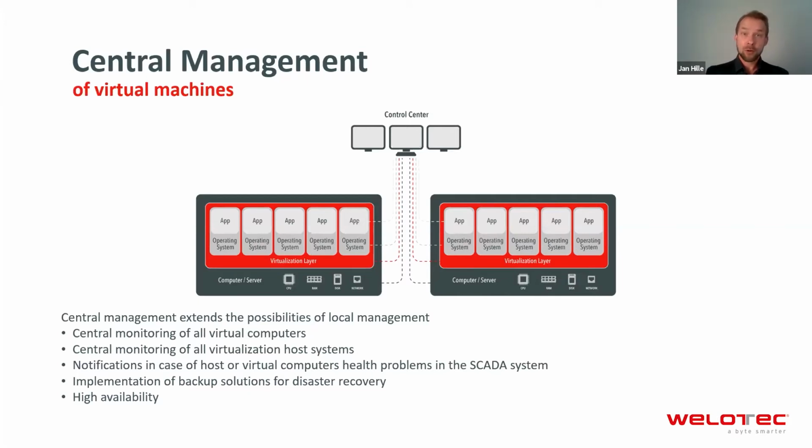One other important point, we can set up some kind of high availability in this whole solution. High availability means that we have a managed solution which takes care of the operation of the virtual machines. So all the HMIs, gateways, log servers, engineering workstations, they monitor the state of the host system.